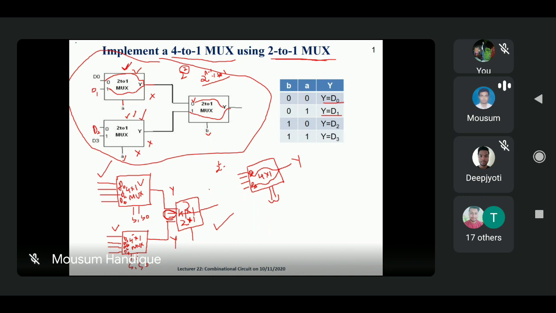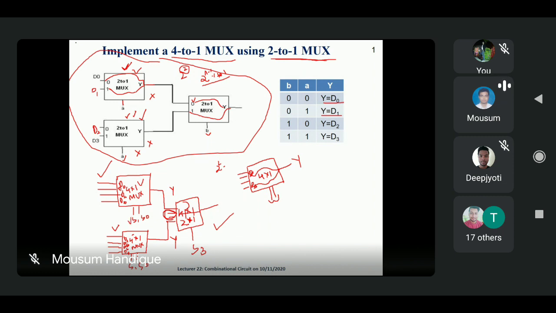But what happened here? Suppose here I'm using this one as S0, S1, and suppose I'm using 2 into 1 MUX. That time this one is the S3, because 2 into 1 MUX means only one particular selection line is there. So how many selection lines in this particular structure? In this particular structure, we are using 3 selection lines.